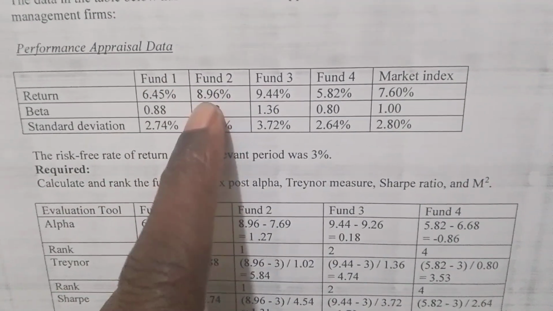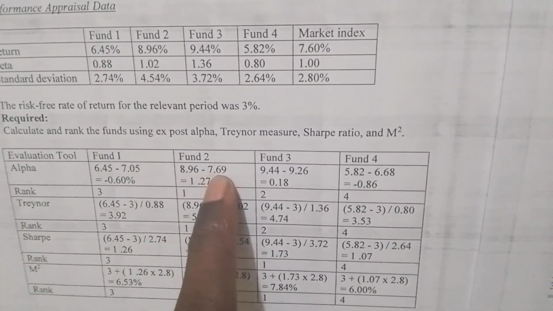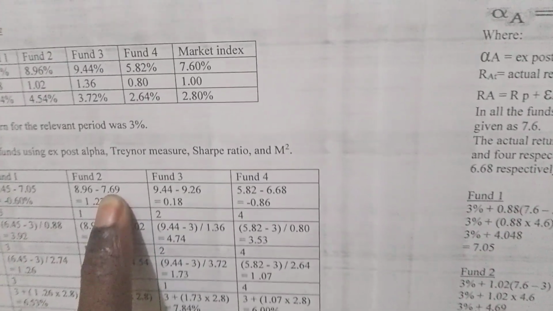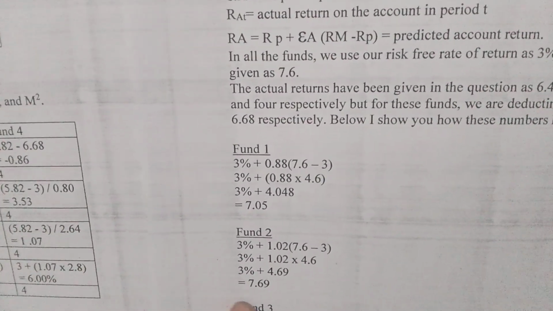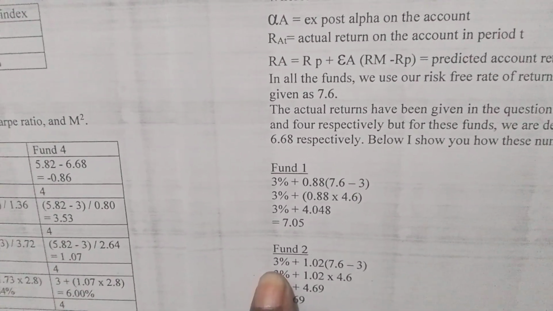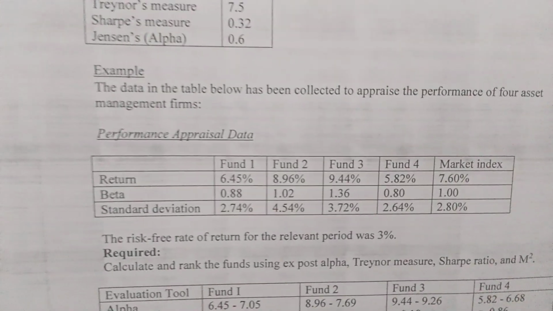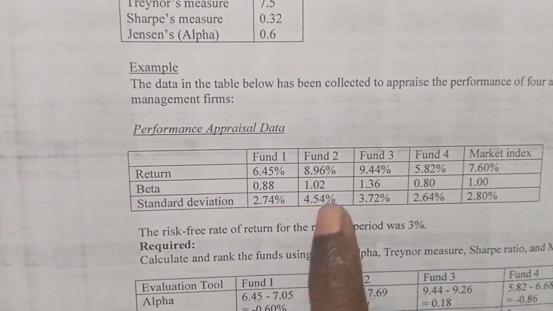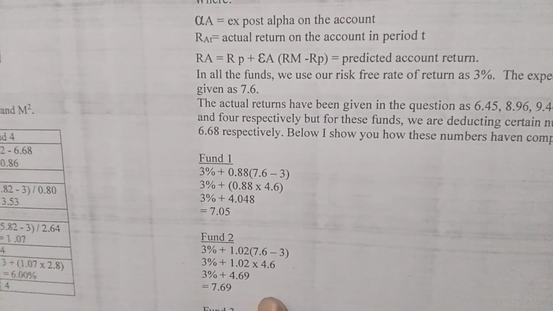For fund 2, the alpha for fund 2, we do the same. It is the expected return 8.96, which is here, minus 7.69. But how did we get 7.69? Just the same concept that we have used to get 7.05. You take the risk-free rate, which we have been told is 3%, plus the beta factor for fund 2, which is 1.02, into brackets.